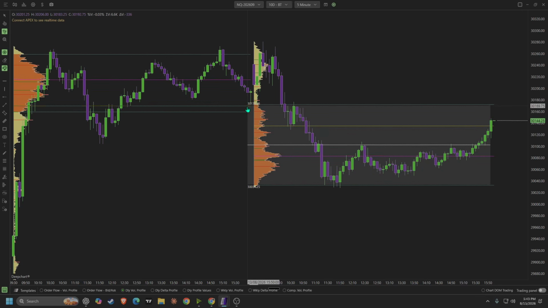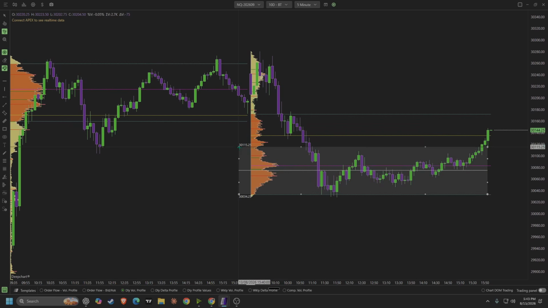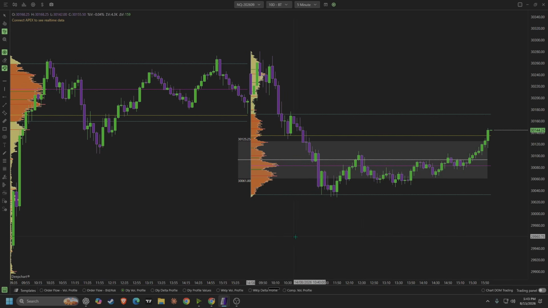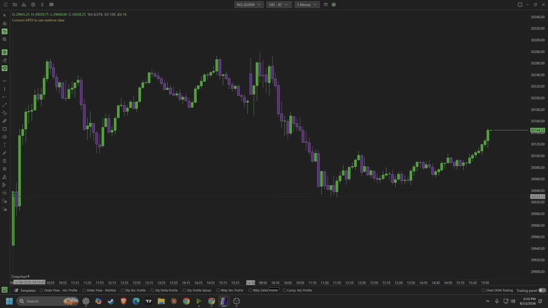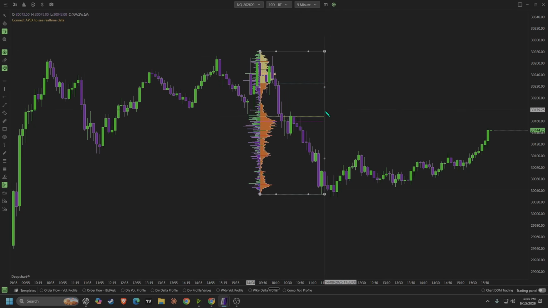So most of the value traded in this area right here, or even more so here. It's whatever and however you want to determine that. What you can also do though, in a lot of applications, is draw volume profiles from swing lows to swing highs, or swing high to swing low.